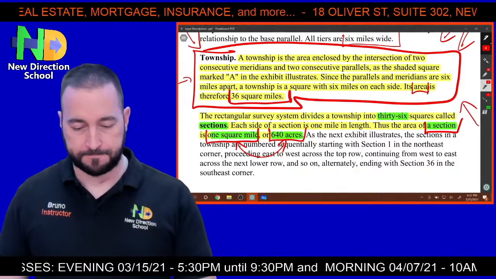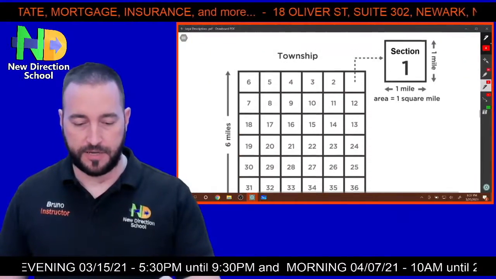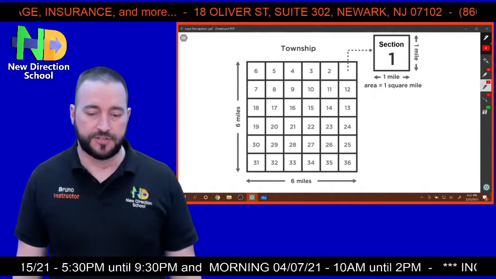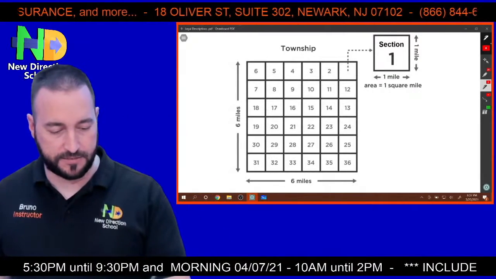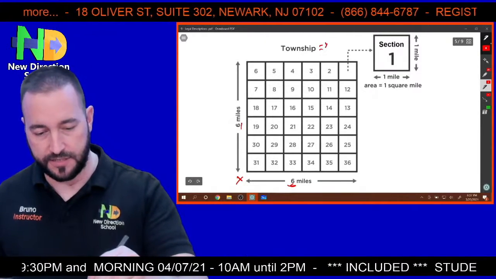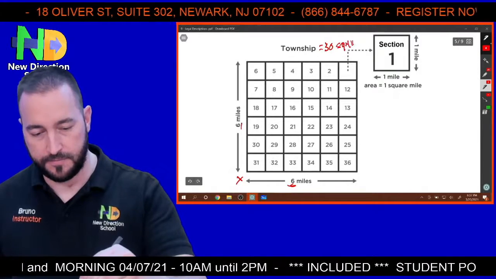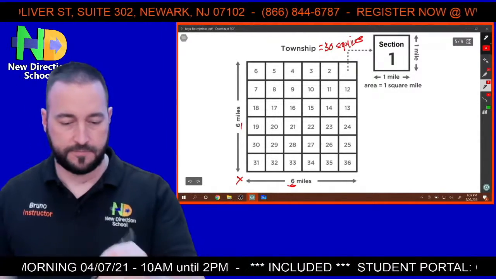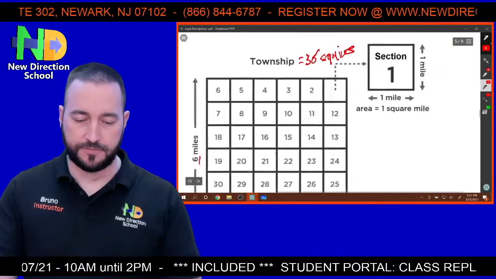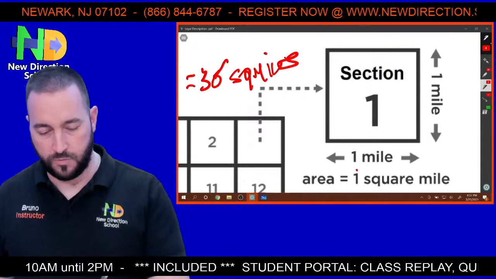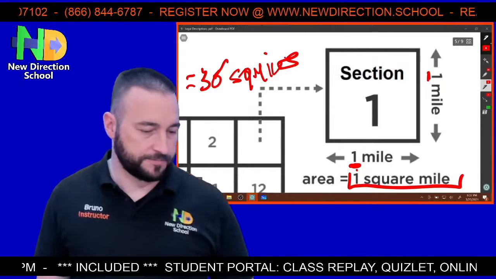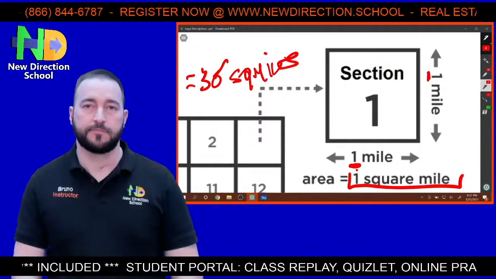All right. So here's an example of a township. Perfect square, right? 36 square miles because it's 6 by 6. And then each section is 1 mile by 1 mile, so it's 1 square mile each.